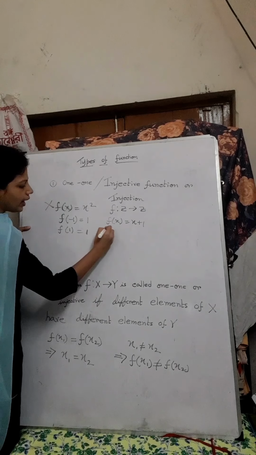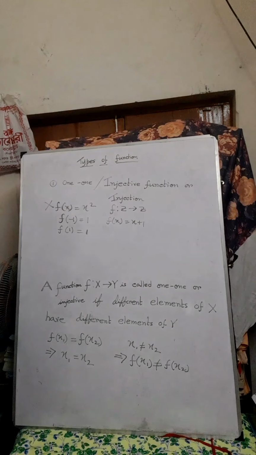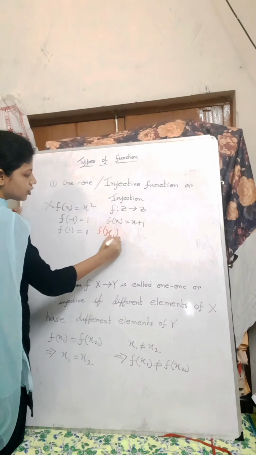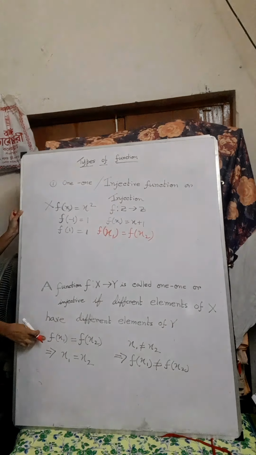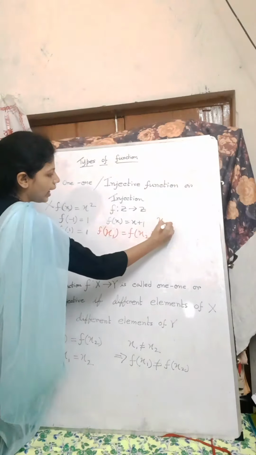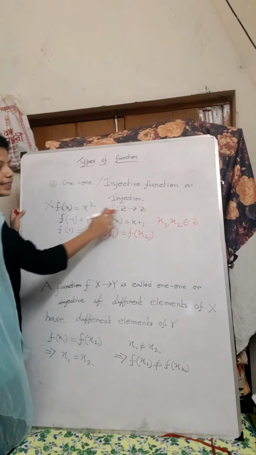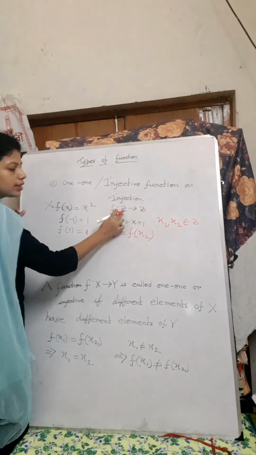So first I will start with x1, so f of x1 equals f of x2, where x1 and x2 both belong to Z because Z is the domain here. So always the x parts will be from the domain.